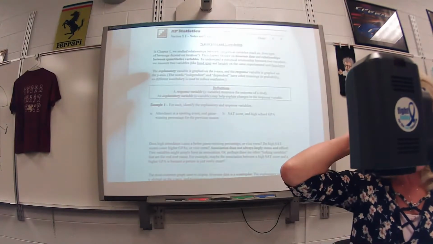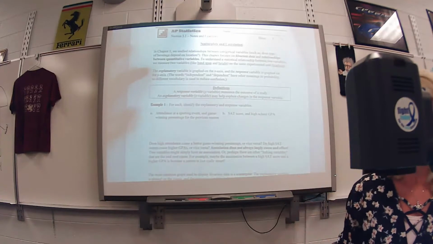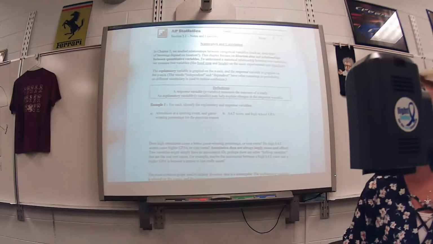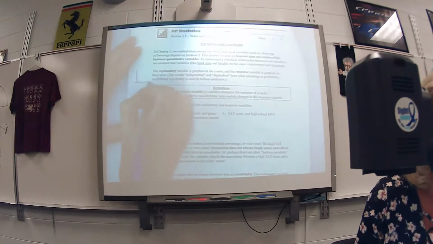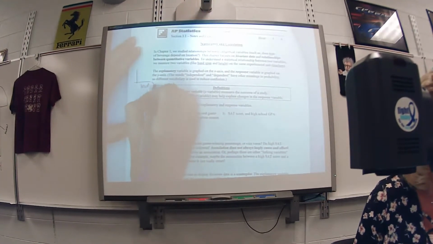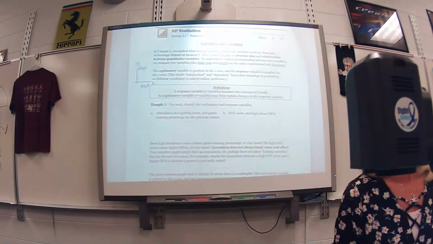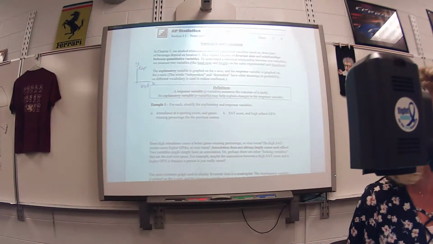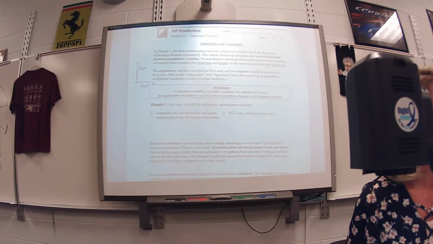The explanatory variable is graphed on the x-axis, and the response variable is graphed on the y-axis. Back in algebra classes, we would call this the independent variable along the x-axis and the dependent variable along the y-axis. But in probability and statistics, the words independent and dependent have a different meaning.